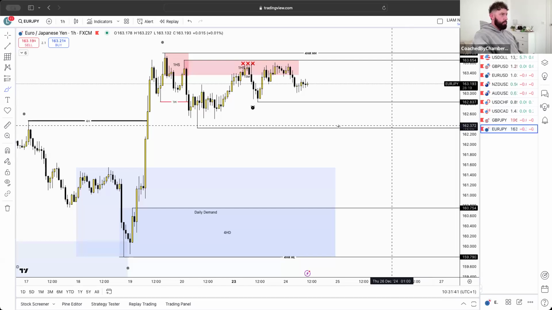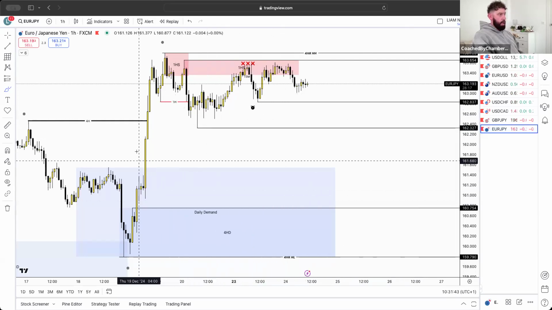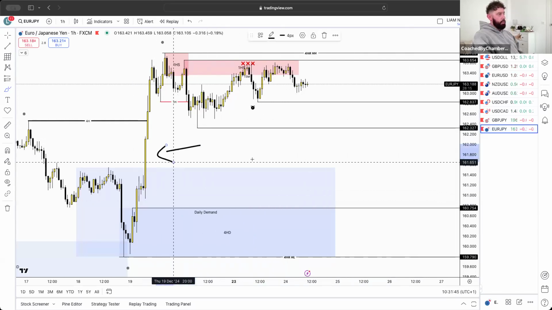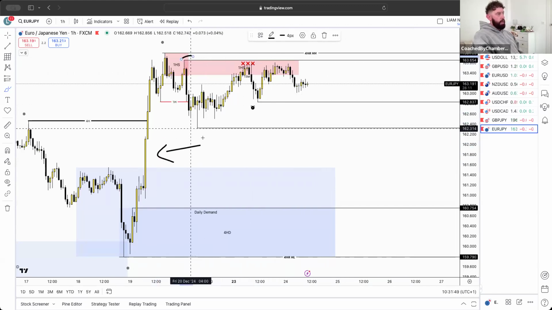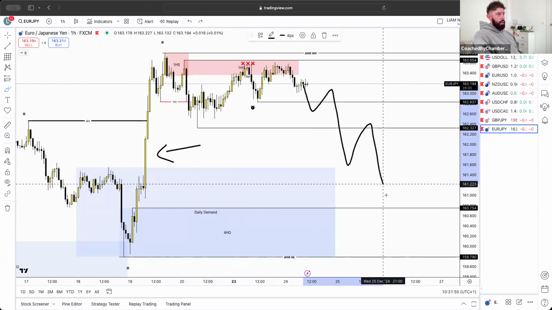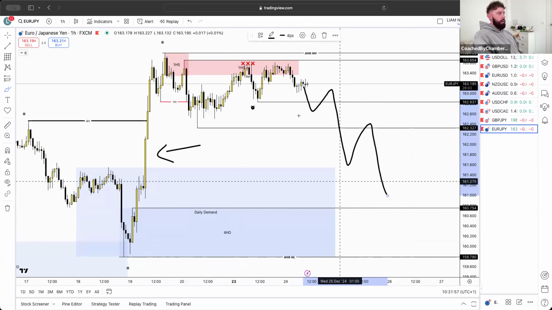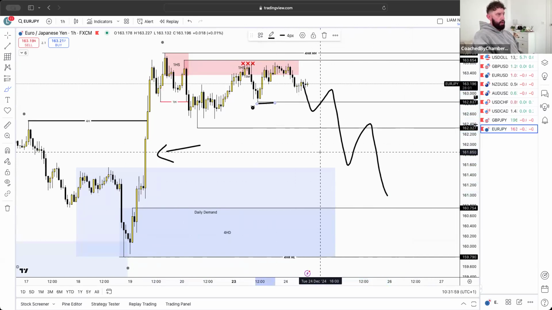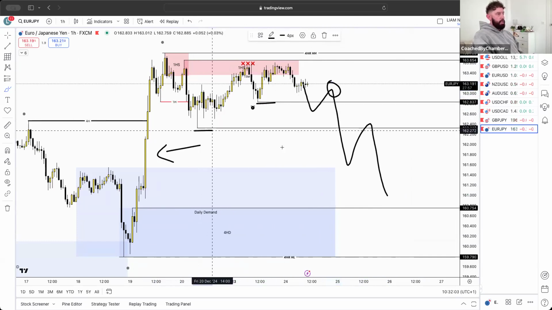EJ, pretty much the same. I want to see this whole thing rebalanced. We're in this 1 hour lower high, 1 hour lower low. So for me, what I want to see is a break, and continue downwards. So that is my thoughts. This is my first break that I would want to see to participate here. And then my second break would be this one.